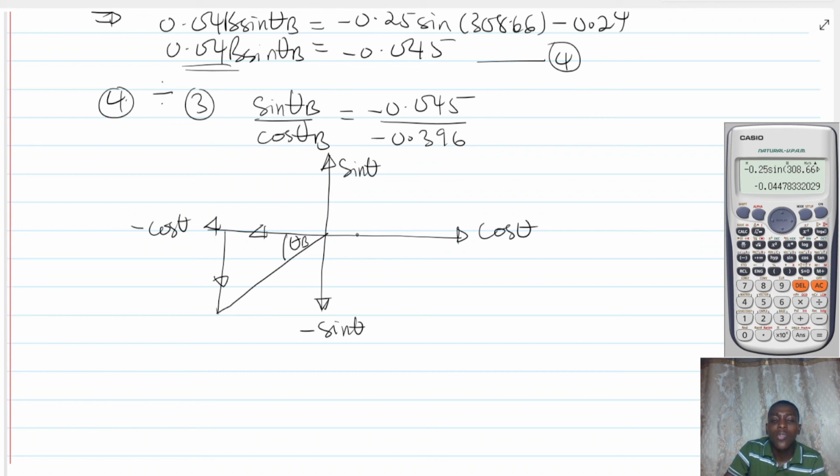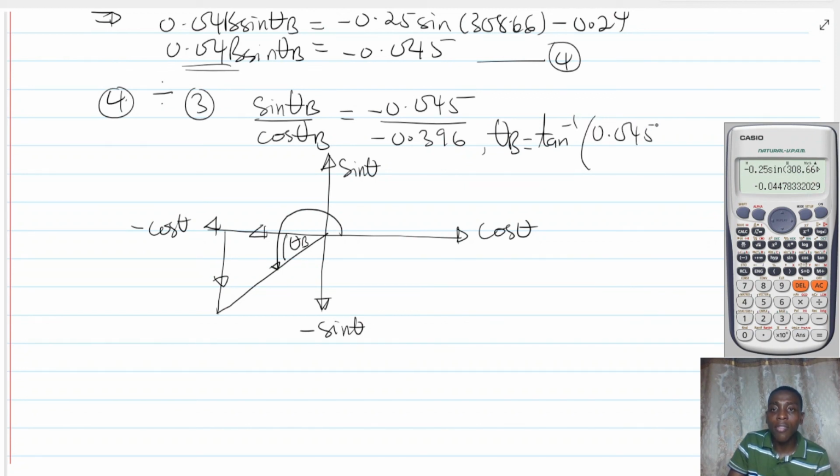So if I want the actual angle with respect to the positive x-axis, I will add 180 to it. So theta b is going to be tan inverse of 0.045 divided by 0.396, and then I add 180 to the angle that I get.